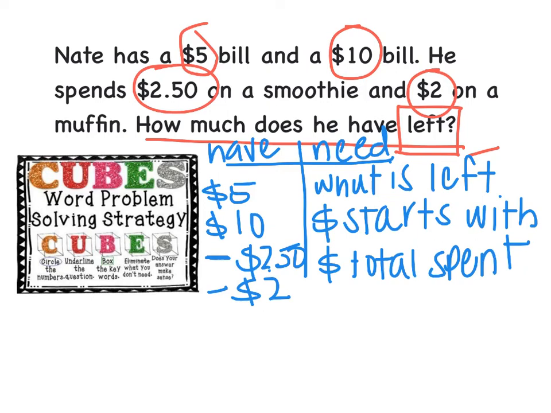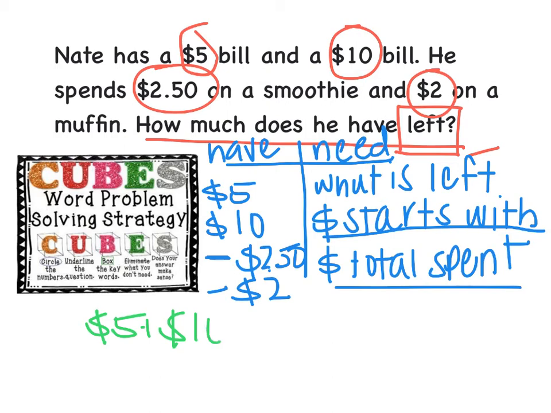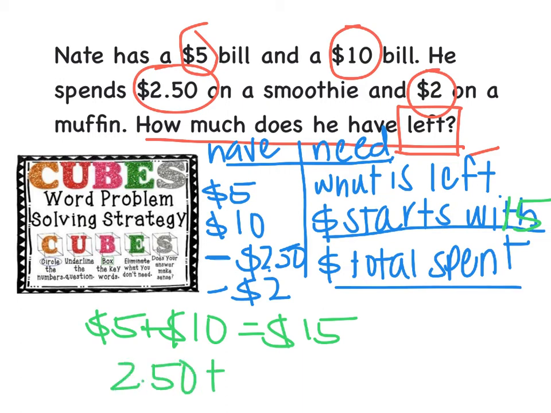I'm going to figure out what he started with and the total that he spent. So he started with $5 and $10, which is a total of $15. He spends $2.50 and $2, which is a total of $4.50.